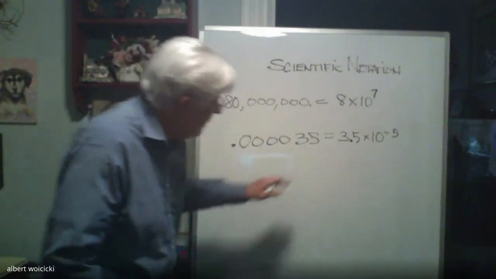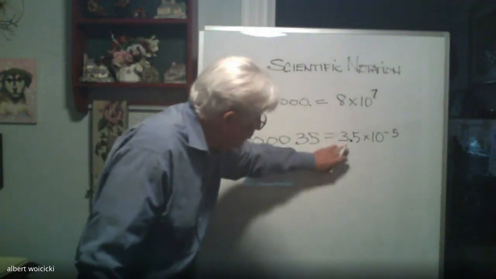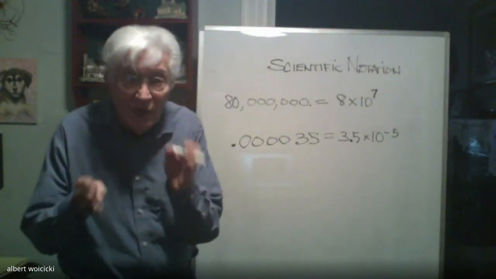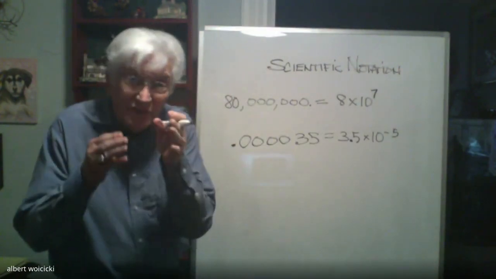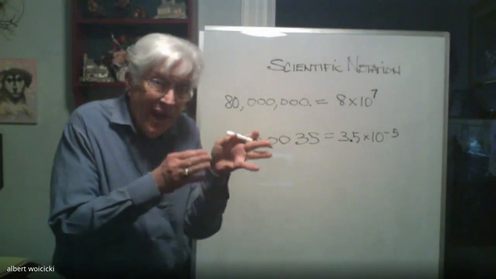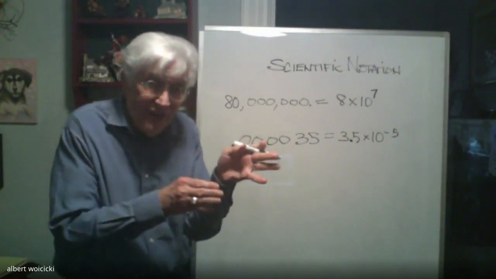Okay? So here's an 8, here's 3.5. It's between 1 and 10. So the number in front has to be between 1 and 10.